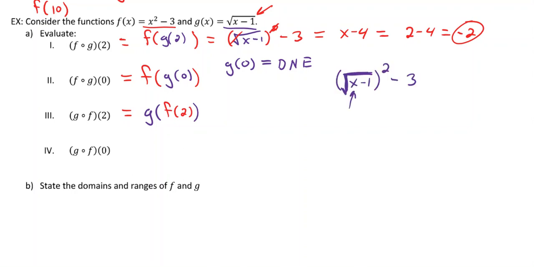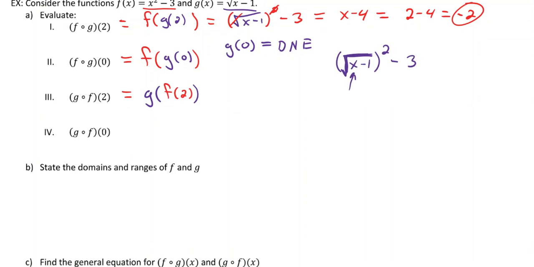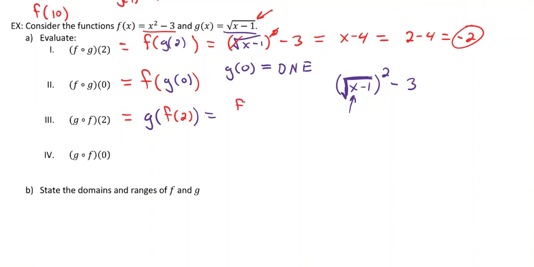So for this one, let's figure out what f of 2 is. Yeah, 1, right? Because f of x was x squared minus 3. So this is really 2 squared minus 3, which is going to be 1.